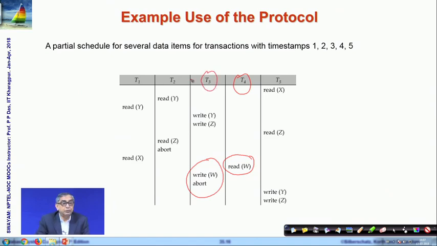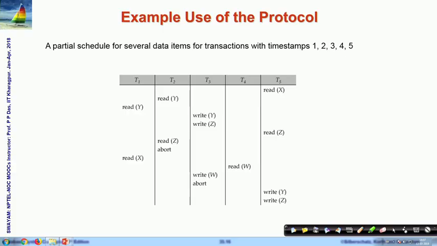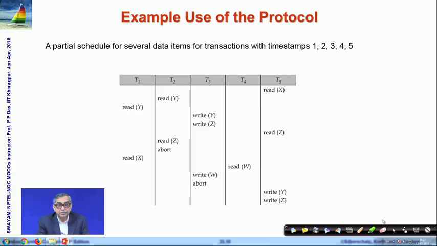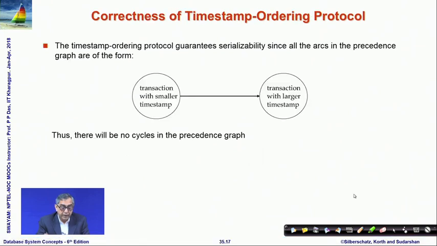So, this gets aborted. You will need to spend a little bit of time to convince yourself that this will never actually lead to any deadlock, and is a very effective, simple strategy to ensure serializability while it avoids deadlock altogether.